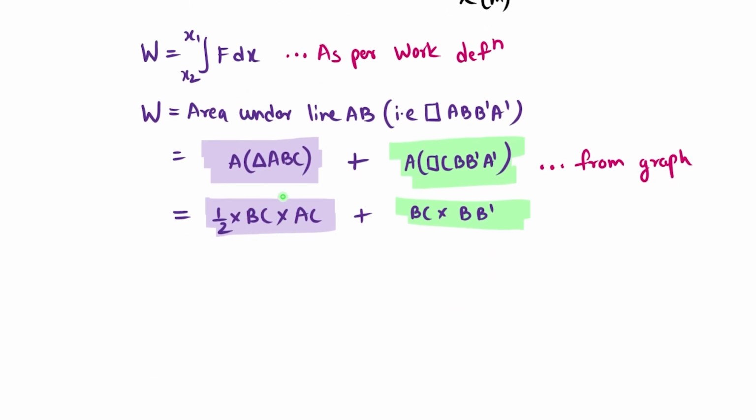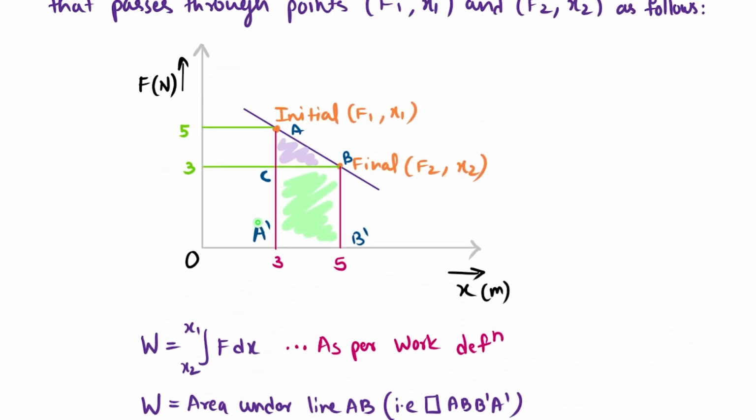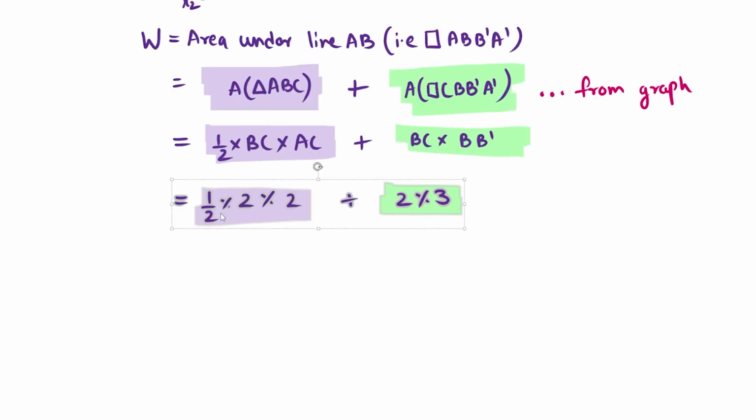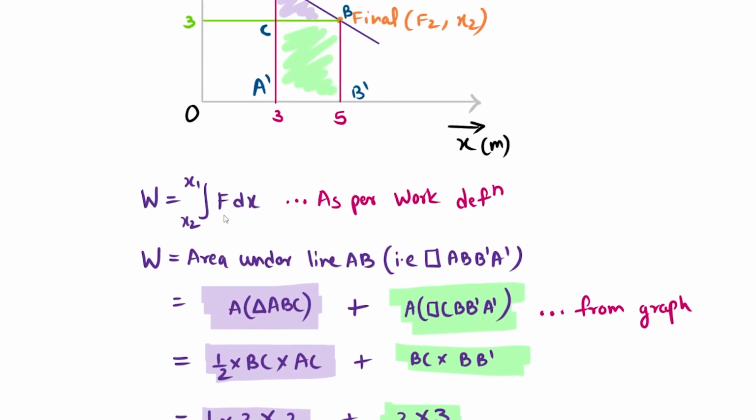If we were to calculate the lengths of these particular segments, BC becomes 5 minus 3, that is 2 units, and AC becomes 5 minus 3, 2 units as well. So BC is 2, AC is 2 units.